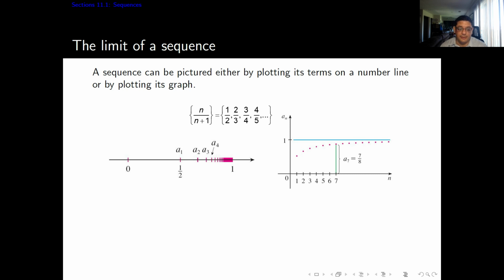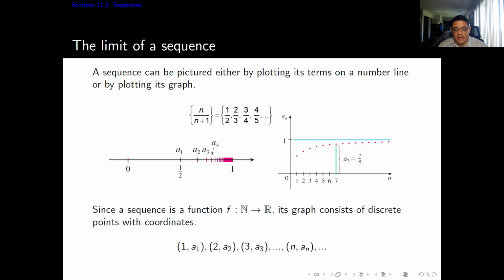We can also see this using a relationship in the Cartesian plane from n to a_n. When we're graphing n versus a_n, you can see that the numbers are slowly approaching 1, and 1 is like some sort of horizontal asymptote that is not going to let me cross.